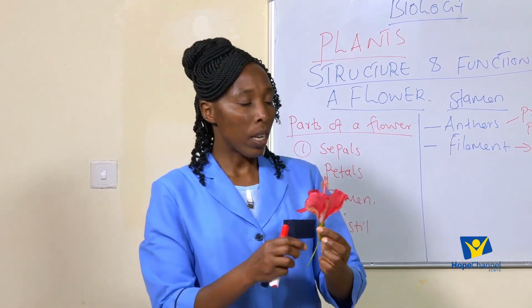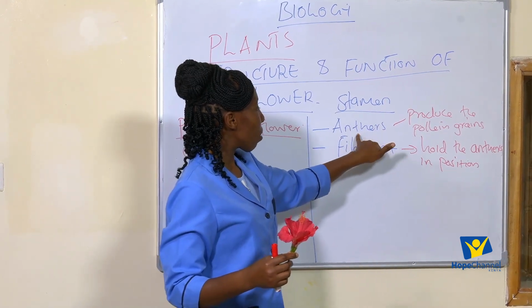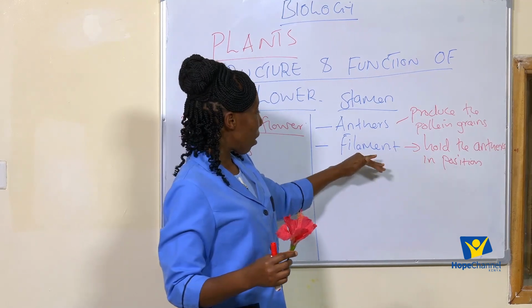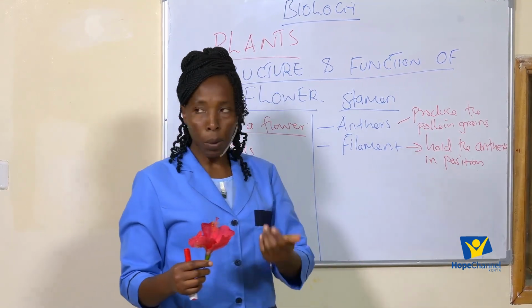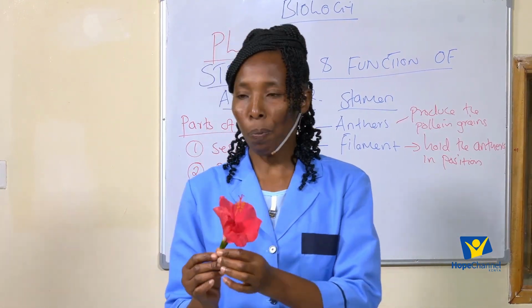So basically, that is what we call the stamen. The stamen consists of the anthers that produce the pollen grains, and the filament, which holds the anthers in position. But now we need to ask ourselves, which plant is this?